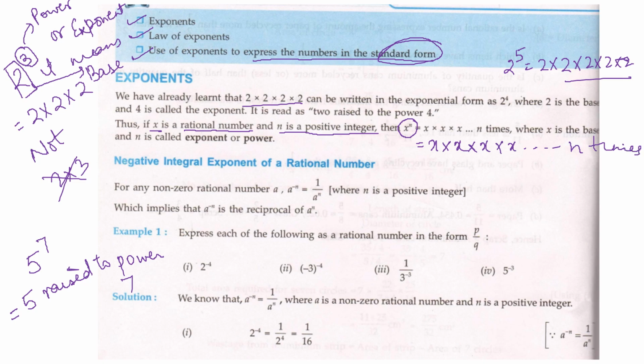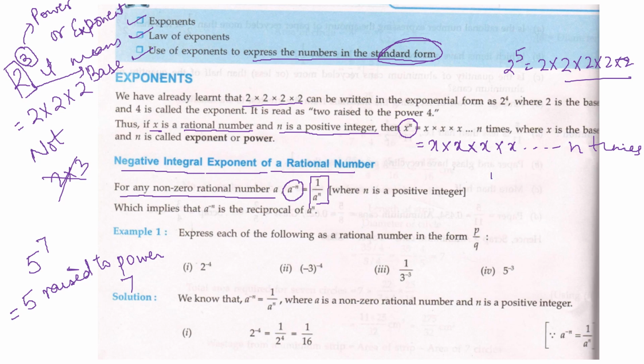So exponents is clear to you. Moving on to the other term, that is negative integral exponent of a rational number. For any non-zero rational number a, a to the power minus n is equal to 1 by a to the power n.